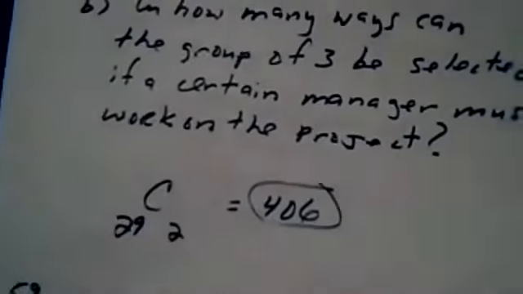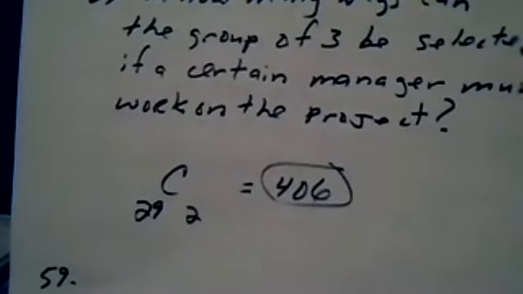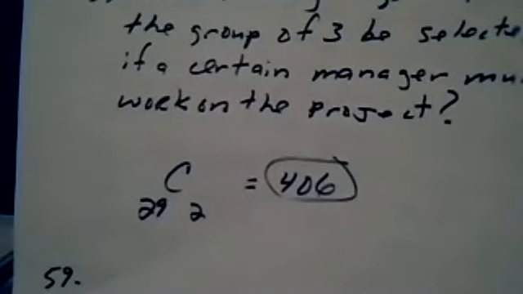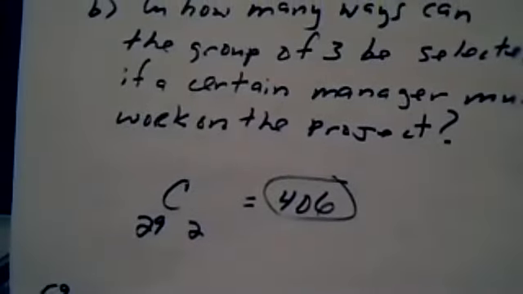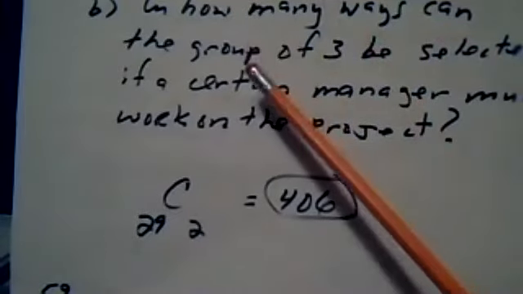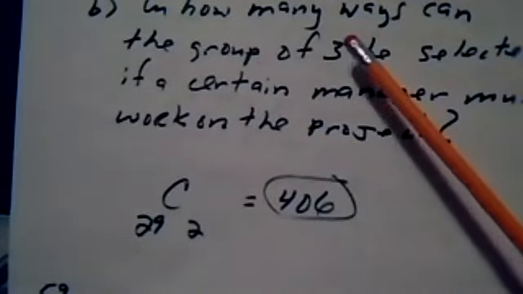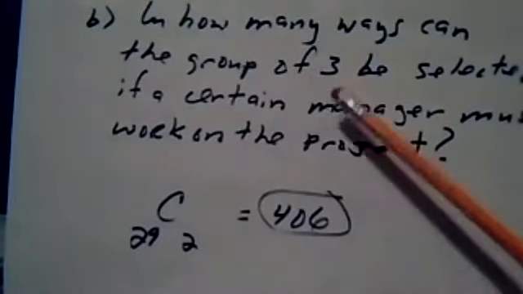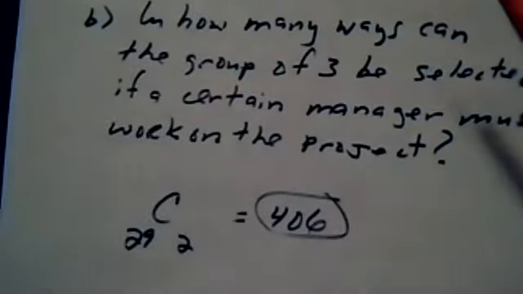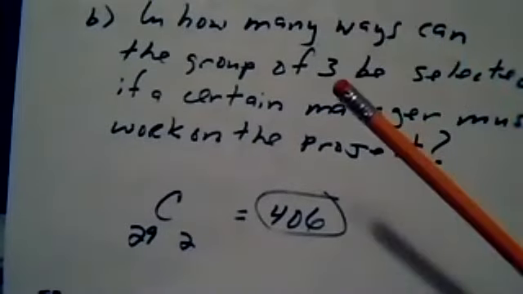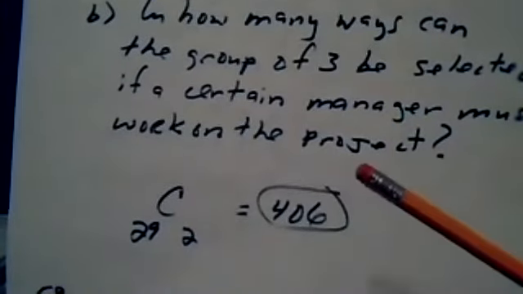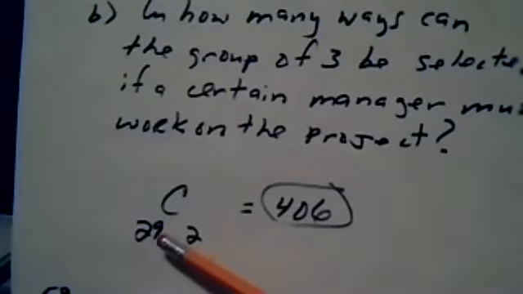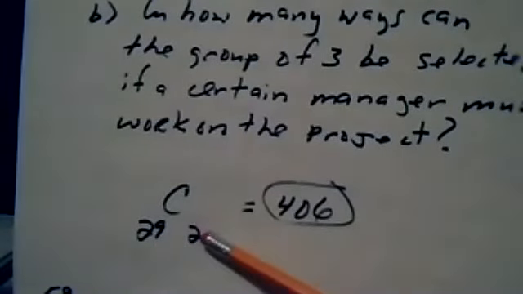In how many ways can the group of 3 be selected if a certain manager must work on the project? So notice, you're going to form a group of 3 if a certain manager must work on the project. Well, there were 30 people, but one of them is already in the group, so there's only 29 to pick the other 2 people.